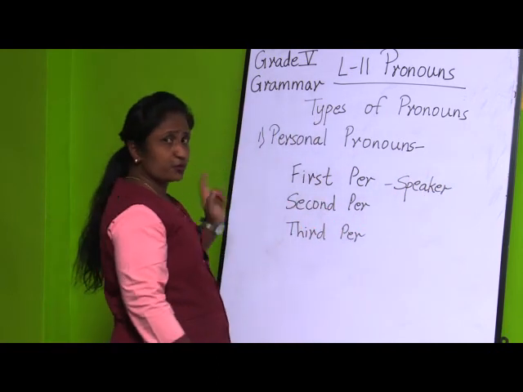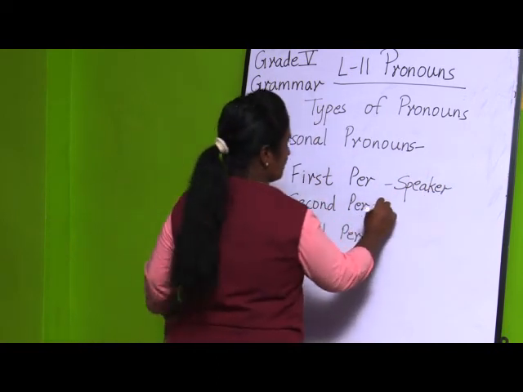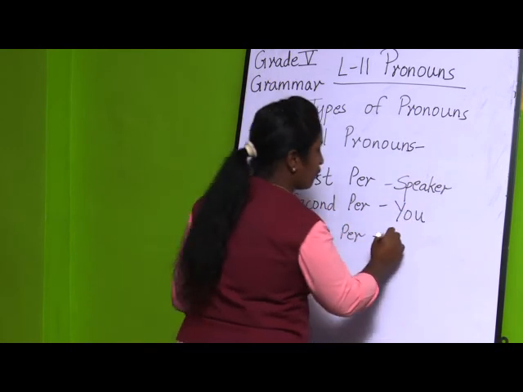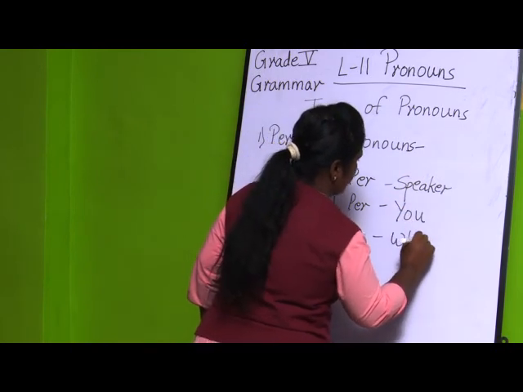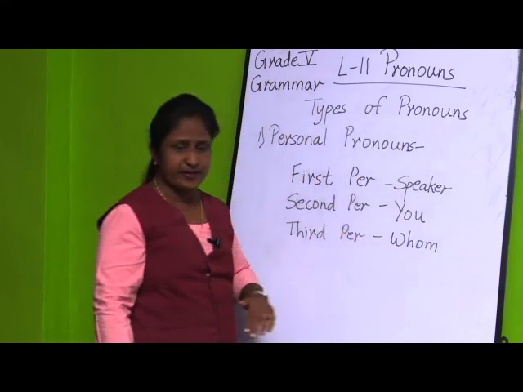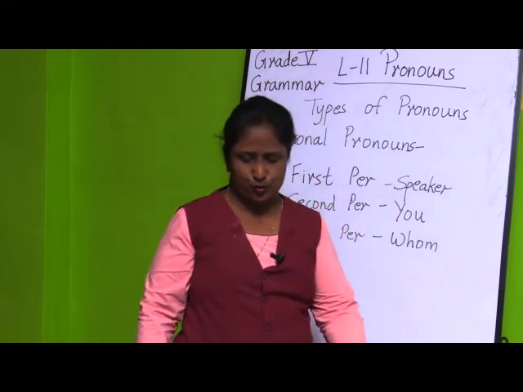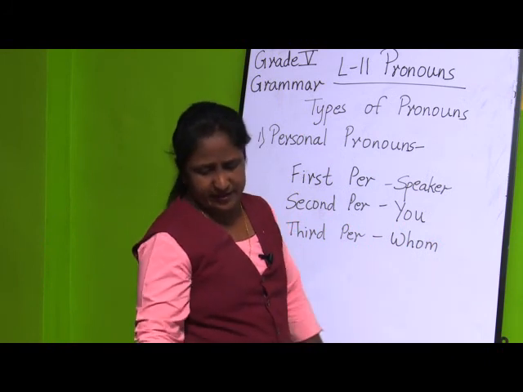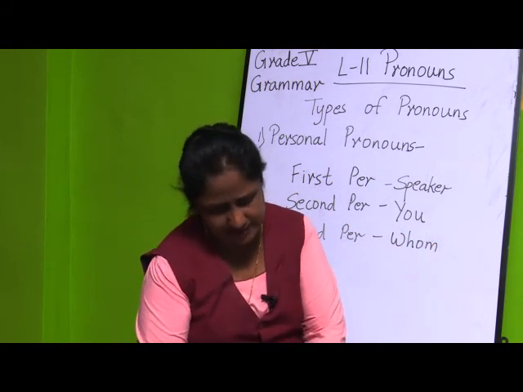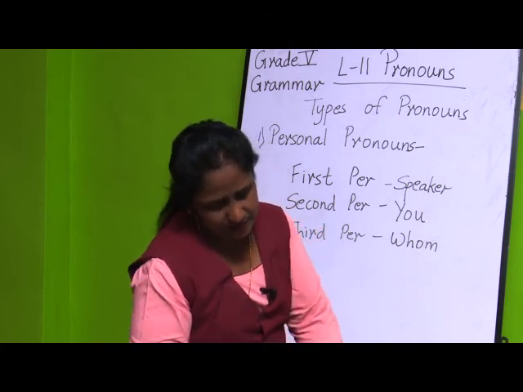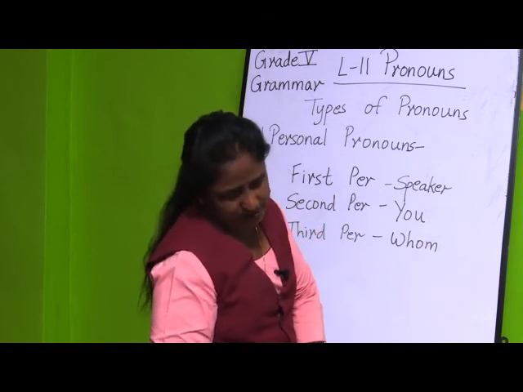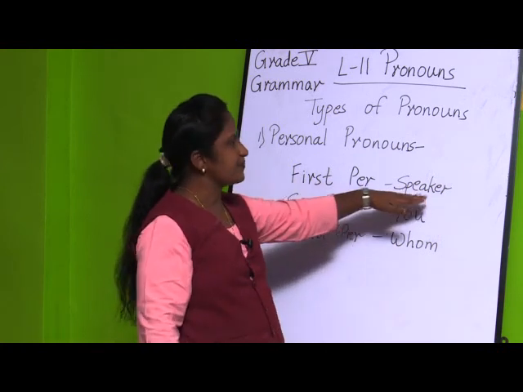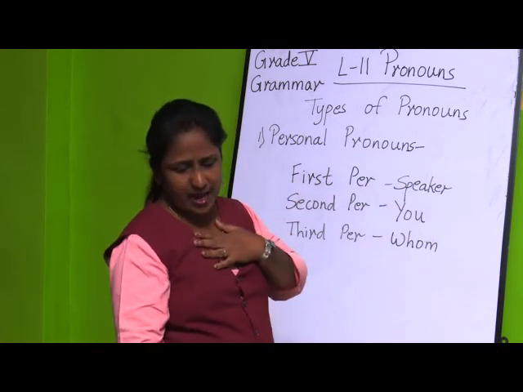The second person is the one with whom you are speaking, that is you. And the third person is the one about whom we are speaking. The first person is the speaker, that is I and we, because I am talking now.